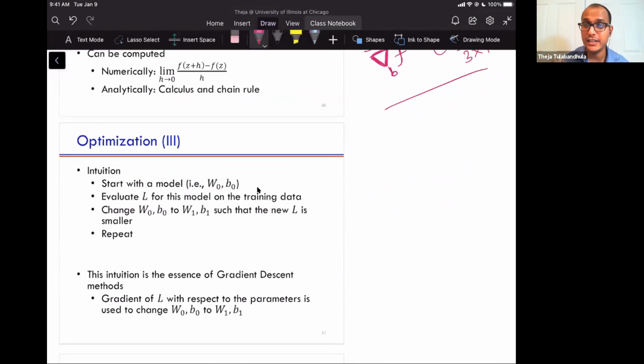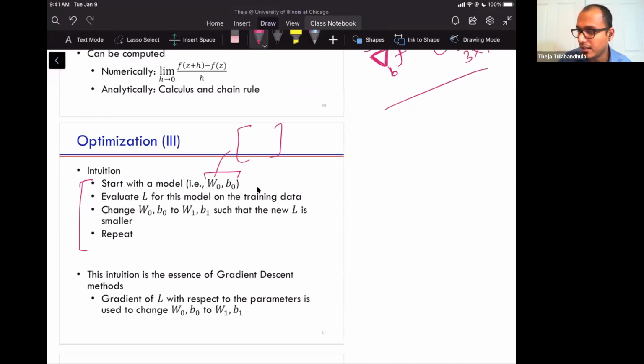I think I mentioned that it is an intuitive technique to optimize the best model. Let's ignore all the notation from the previous slide, and talk about what this intuitive technique is. You start with an initial candidate of model parameters, let's say w naught, b naught, which just means you start with some matrix.